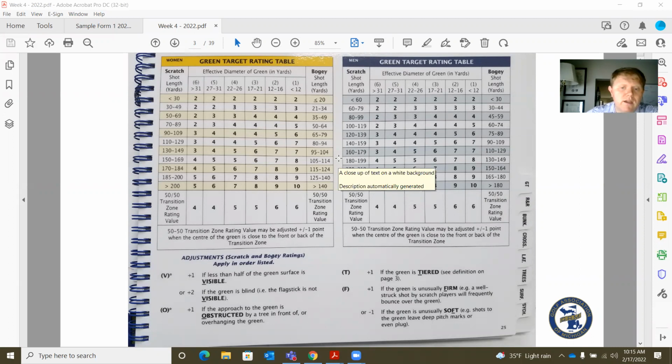So that could be an example where you might have an F adjustment, but typically you won't run into that. I don't know if I've run into it yet in my time rating, maybe once. But it is a possible adjustment. Typically for green target here, we're just dealing with the majority of B's and O's, and then T's from time to time.